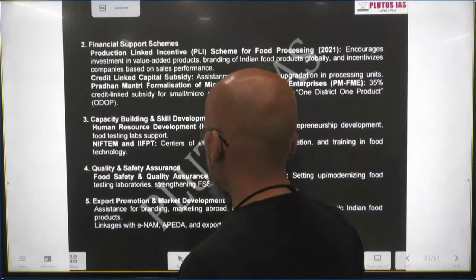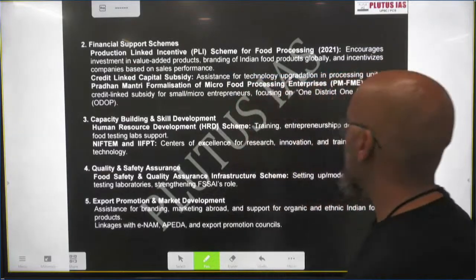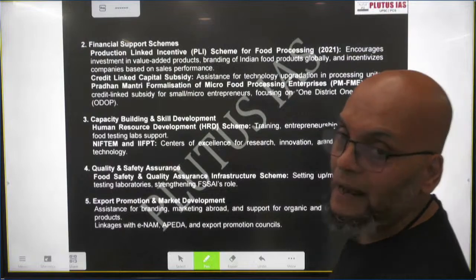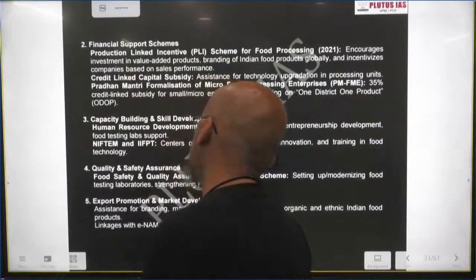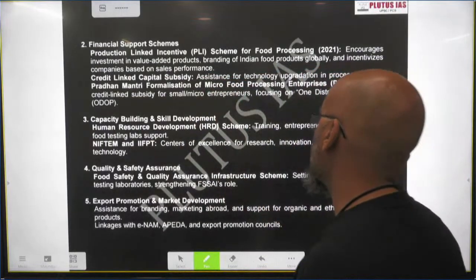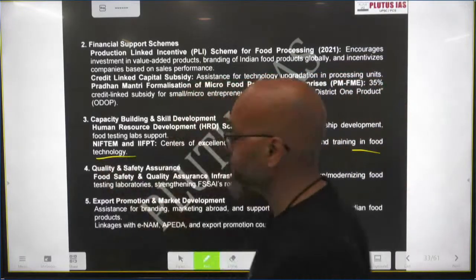Capacity building and skill development. So a human resource development scheme has also been launched for training, entrepreneurship development, food testing labs and support. Then NIFTEM and IIFPT, centers of excellence for research, innovation and training in food technology.